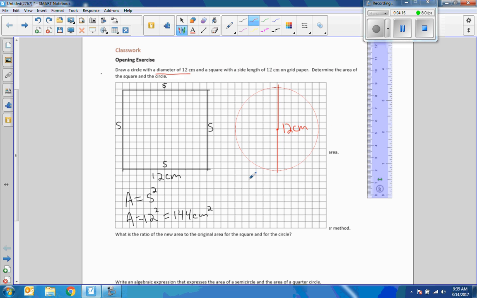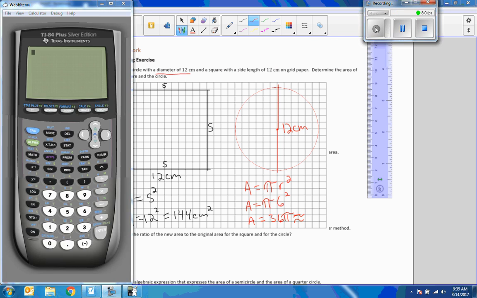Now if I do the same thing with a circle, the area of a circle is pi r squared. So the area of this circle is pi. Remember that radius is half the diameter, so that's going to be 6 squared. So the area of the circle is 36 pi, which is, I cannot use equals, which is approximately, and let me get my calculator. Okay, so it doesn't say to use approximation, so I'm going to do the exact.